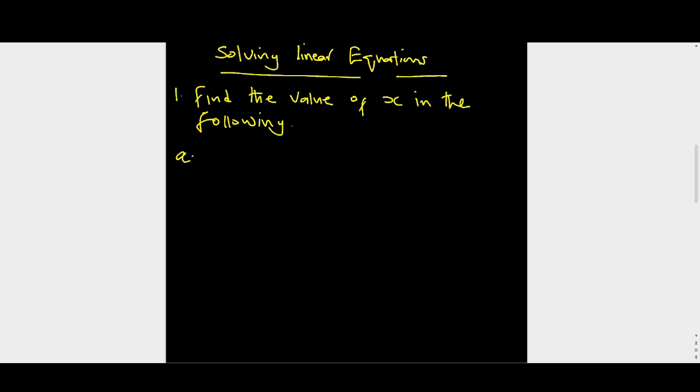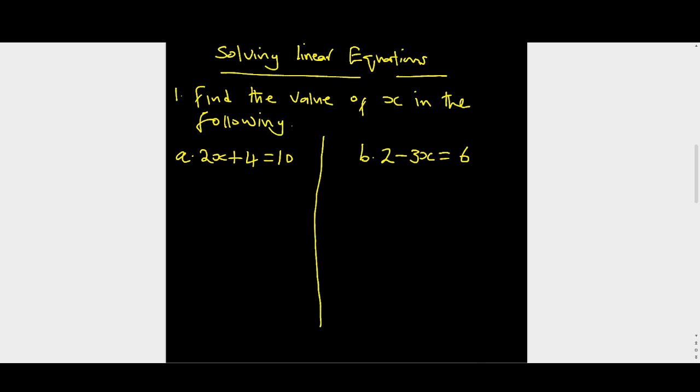So we have a, 2x plus 4 is equal to 10. You can also have b, 2 minus 3x is equal to 6, for example. So let's see how we can solve these two equations.